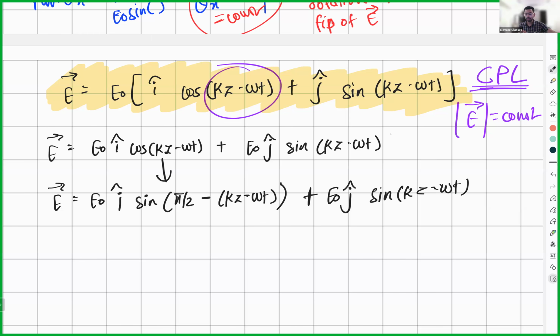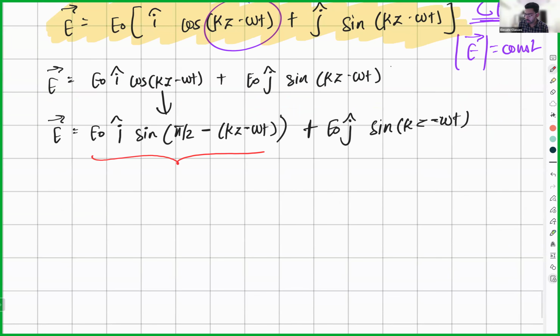Now, what can you observe from this expression? It can be observed that this is a plane polarized light, and this is also a plane polarized light, right? So what is circularly polarized light? Circularly polarized light is a superposition of two plane polarized lights in perpendicular directions.